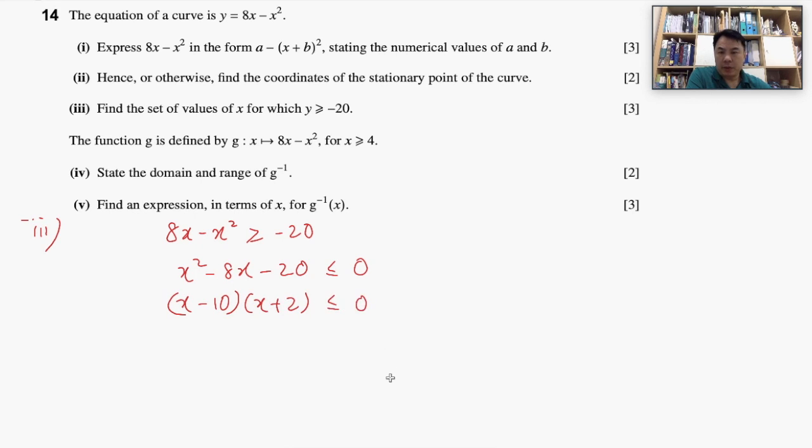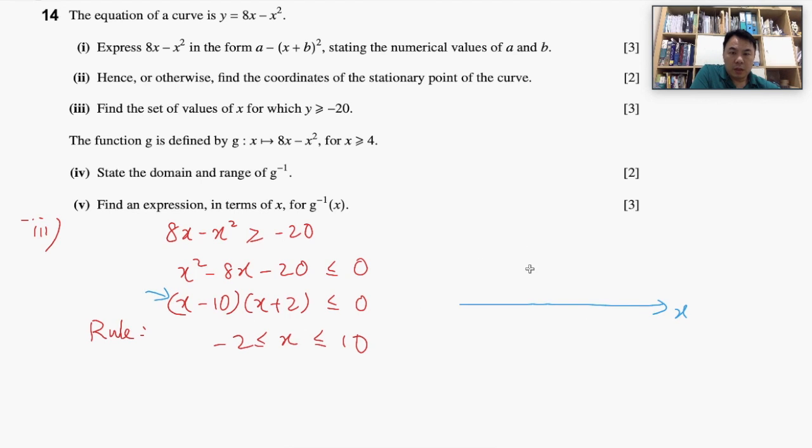I hope I factorize it correctly. And then from here, you can also use a certain rule. If this is less than or equal to 0, then you can say that your x must be lying between -2 and 10. Of course, to verify your answer, it's always good to sketch out the graph for this.